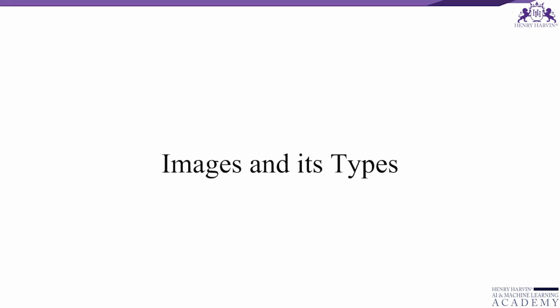In case the computer sees the image, what will it understand from the image? Every day we come across a number of images, or we take a lot of selfies with our phone, right? So we should understand what images are.